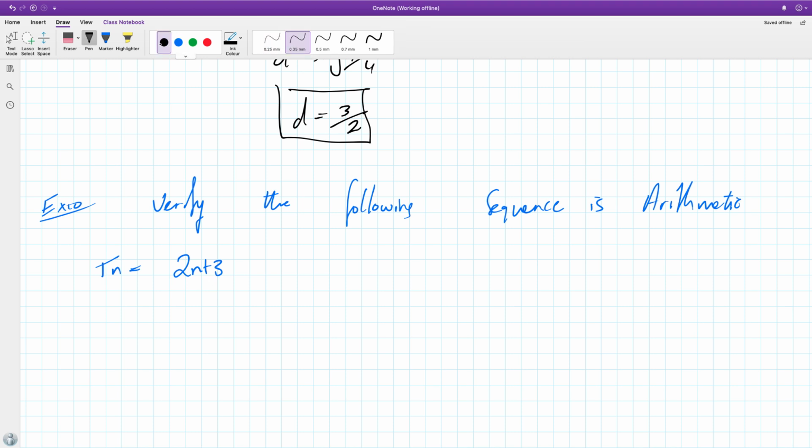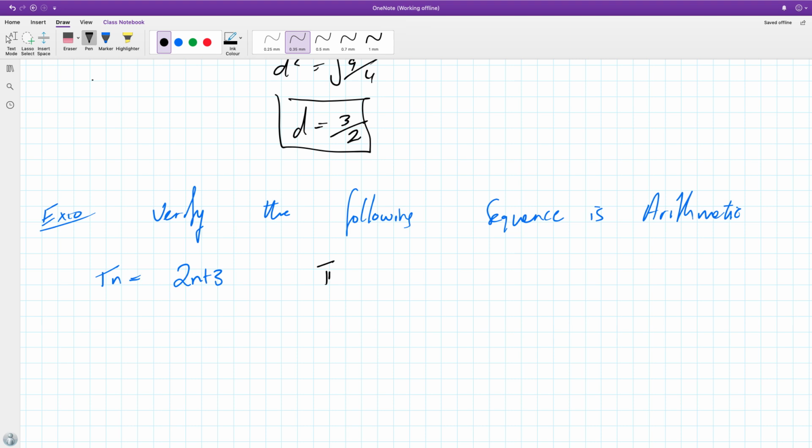So if we look at it then, find Tn minus 1, sorry, I said Tn plus 1, it should be Tn minus 1.